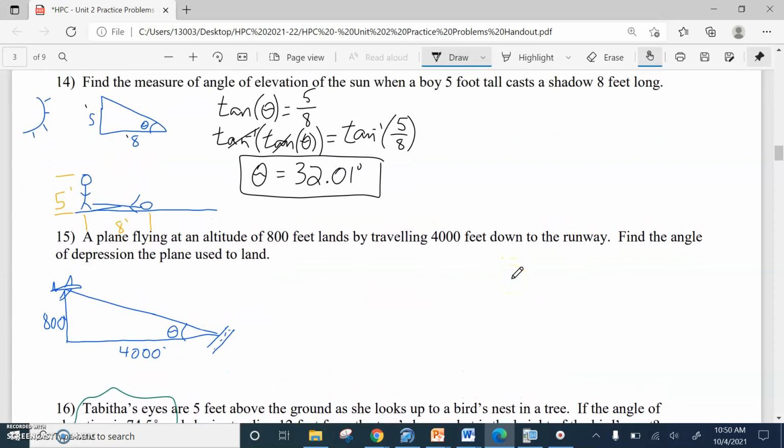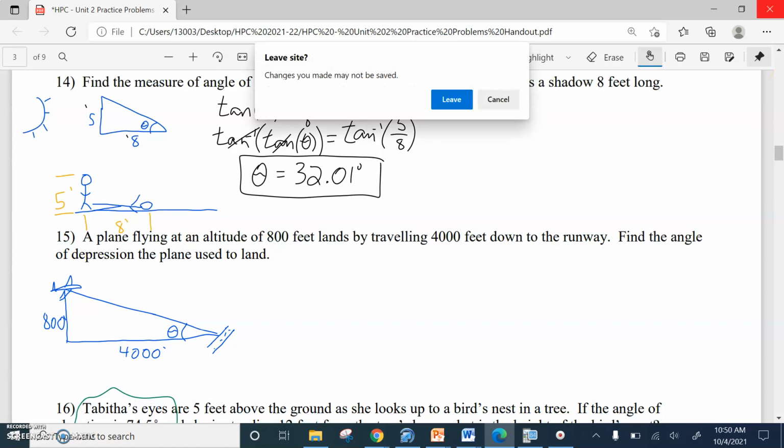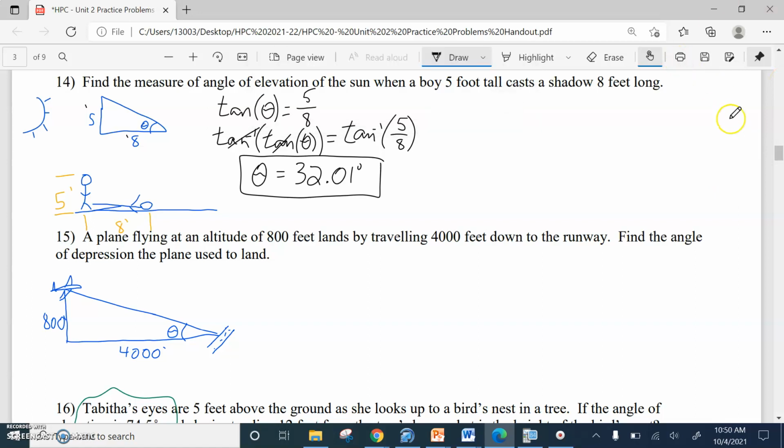15, a plane flying at 800 feet altitude. So that's this picture drawn, 800 feet in altitude. And they're traveling there 4,000 feet away from the runway. They're down from the runway 4,000 feet. So this picture depicts the height and the width, and it is again asking for finding the angle of depression.